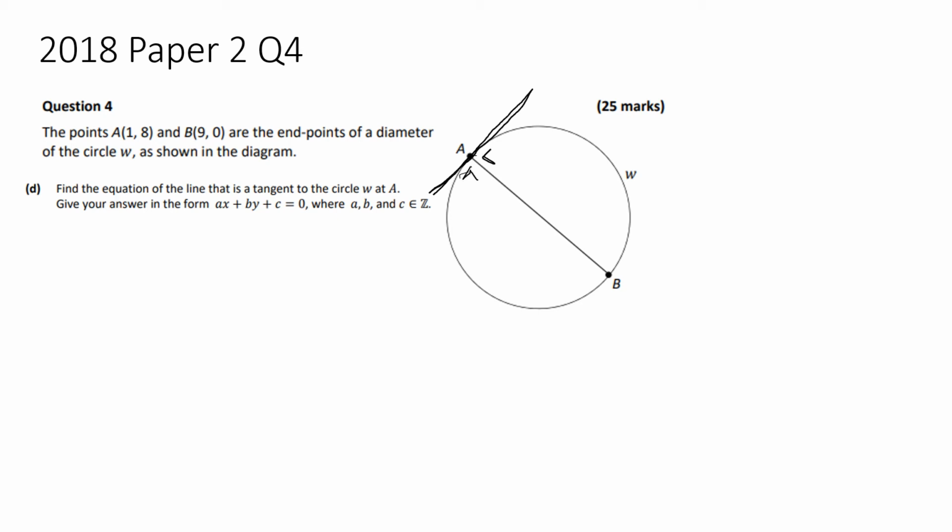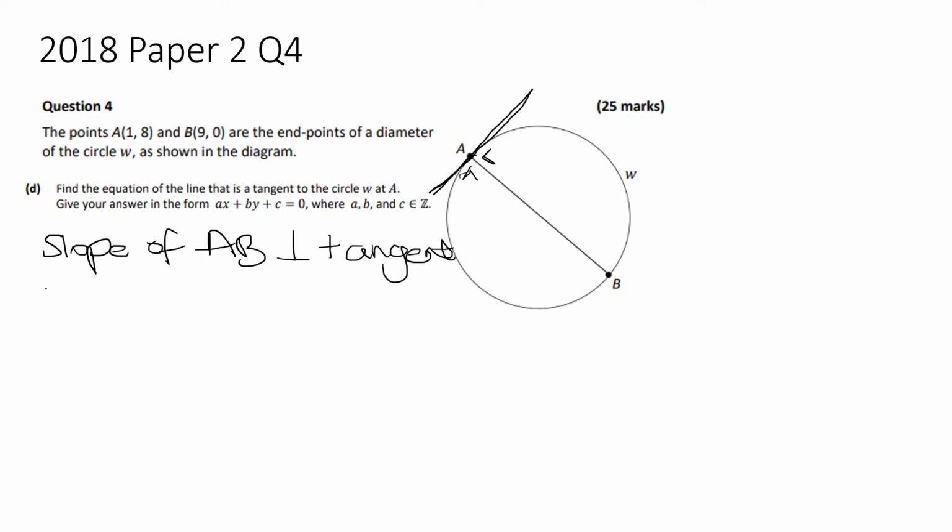So what we need to do in order to do this, the first step is we need to find the slope of this tangent, but we don't have coordinates for this tangent, but we do for A to B. So as a result, we're going to find the slope of AB, because that will be perpendicular to the tangent.